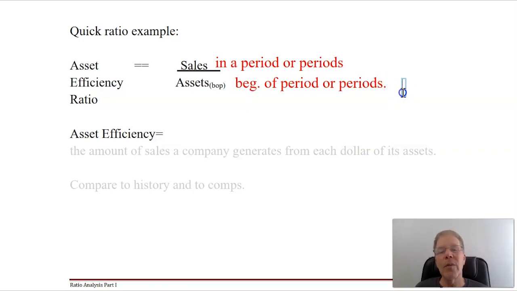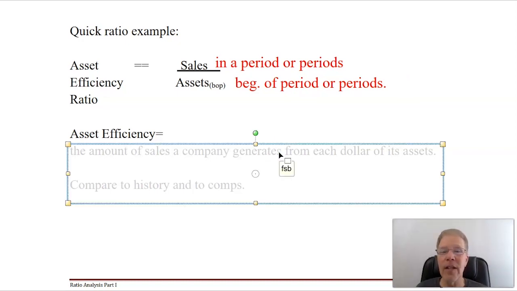All right, so what's the big deal with this? Let's just think about it for a second. What is this really telling us? We have total assets at the beginning of the period in the denominator and sales in the numerator. So this is really telling us in words the amount of sales that a company could generate in a period given the assets it had to work with in the beginning of the period.